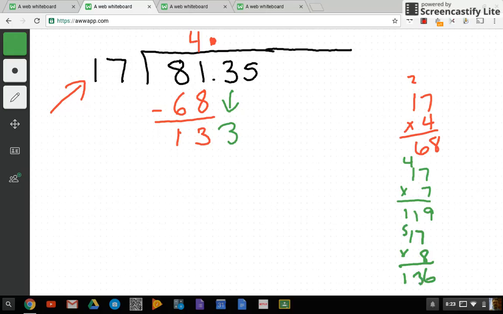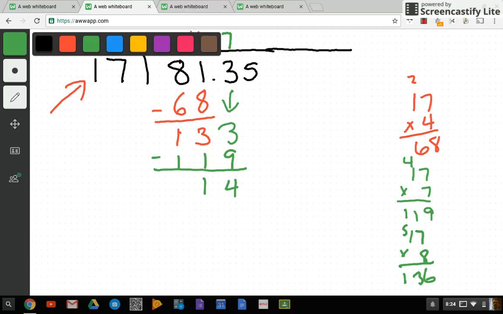Oh, look at that, just a little bit too big. So 7 it is. So 7 is going to be 119. If 119 was 120, then 133 minus 120 would be 13. But it's 19, so it's going to be 14.